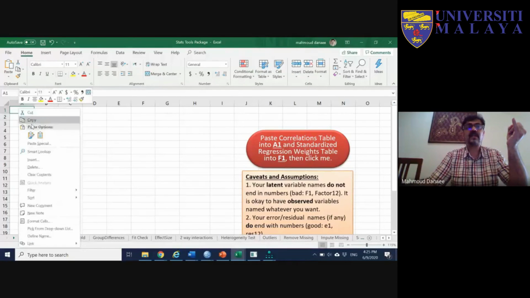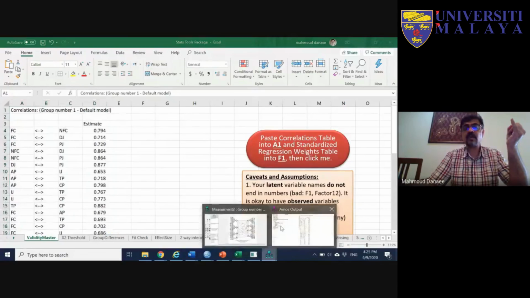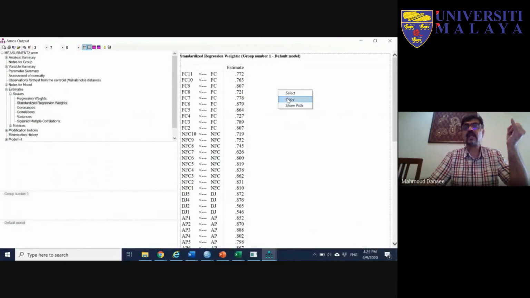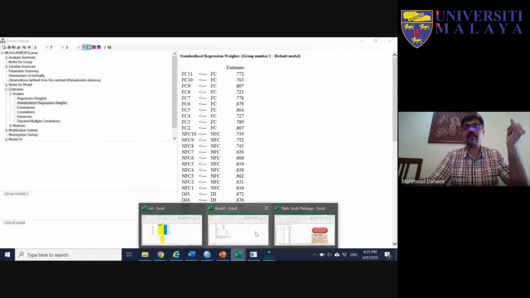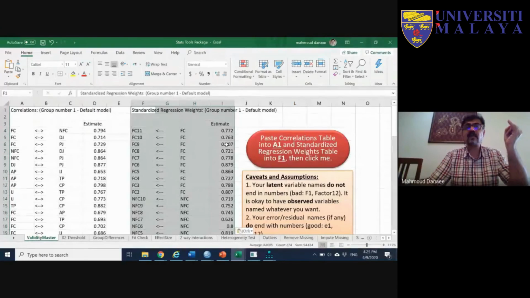And in F1, the standardized regression weights, or the loading factors. So from this standardized regression weight, I just right click, copy, and then paste it in F1.